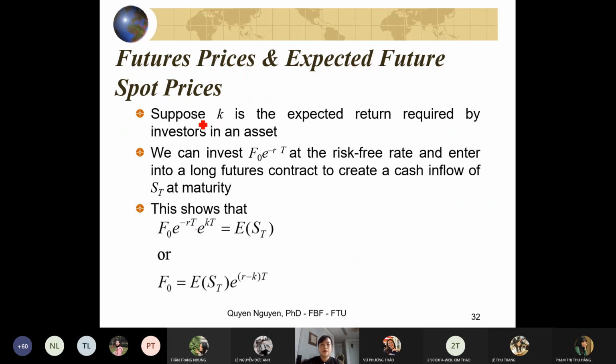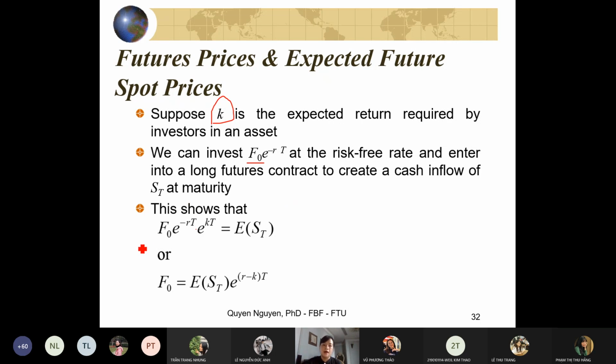We also talk about something about the future prices and the expected future spot price. Suppose that we have K, called the expected return required by an investor, to create the cash inflow of ST at maturity.